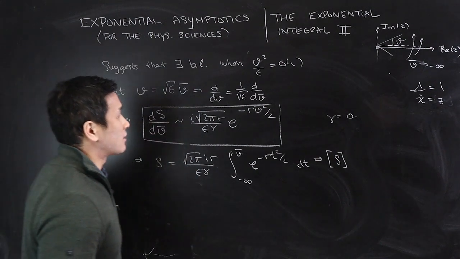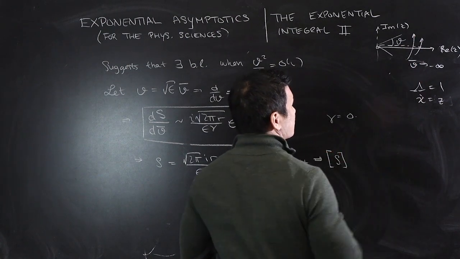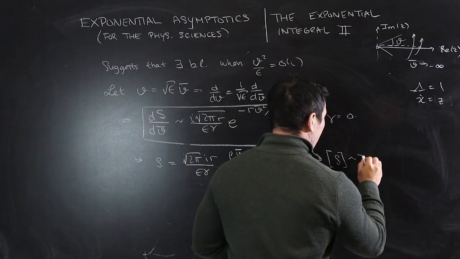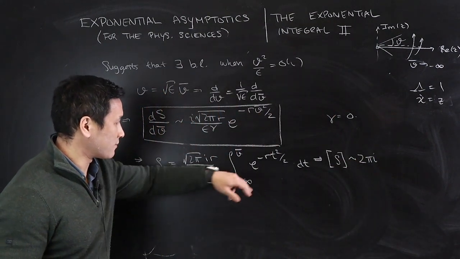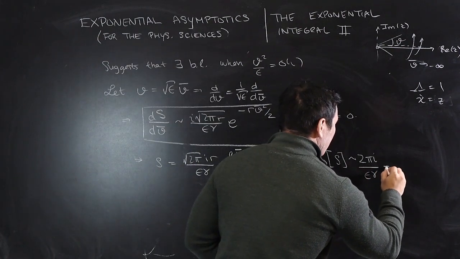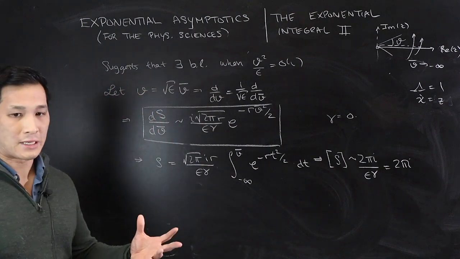And if I just take the infinity value minus the minus infinity value, which is just 0, then across that line, I basically have a change of 2 pi i once I do the appropriate coordinate transformation. It's actually 2 pi i over epsilon to the gamma, but in the case of the function we're looking at, it's just 2 pi i because gamma is 0.